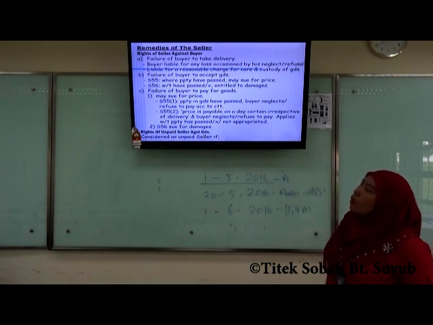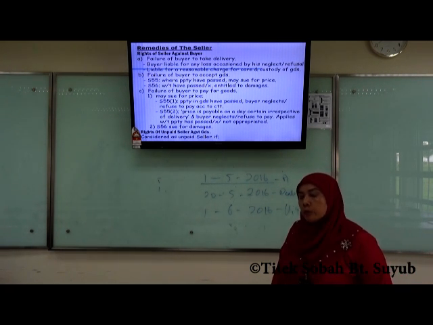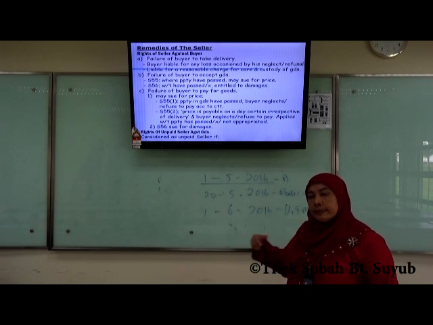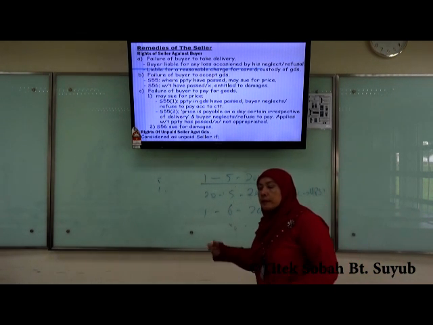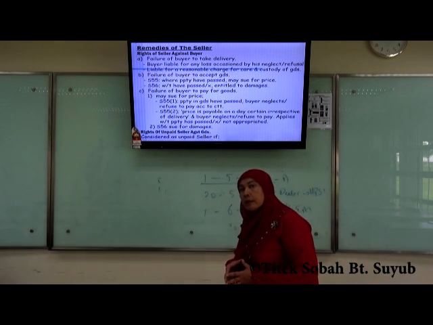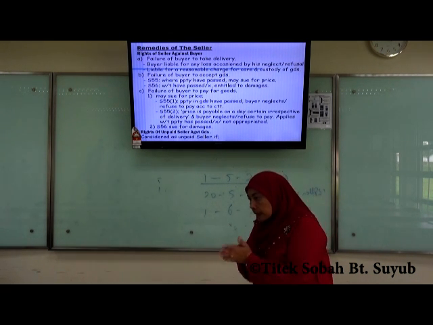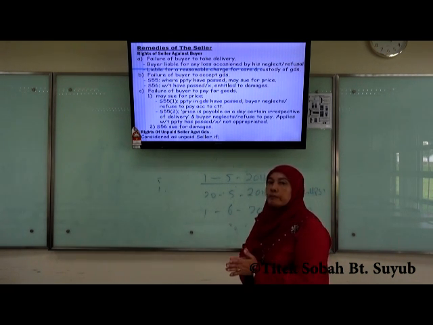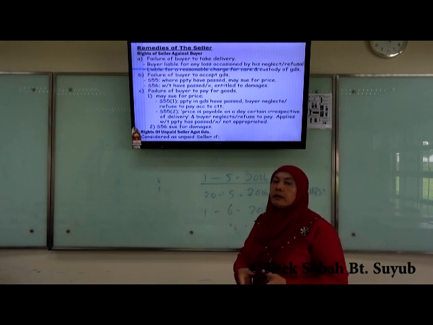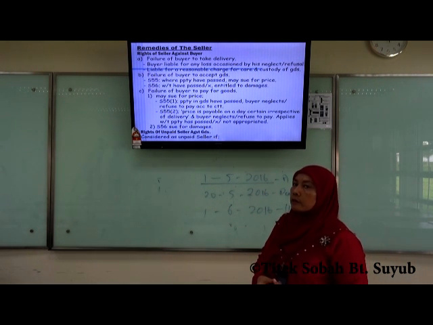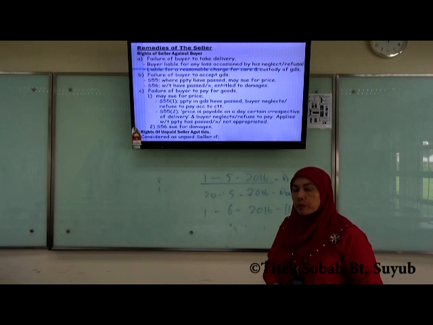And secondly, when a buyer fails to accept goods, when does this situation occur? This situation will occur if a seller sends the goods to the buyer. The seller delivered the goods, and they reached the address of the buyer. However, the buyer refused to accept the goods.